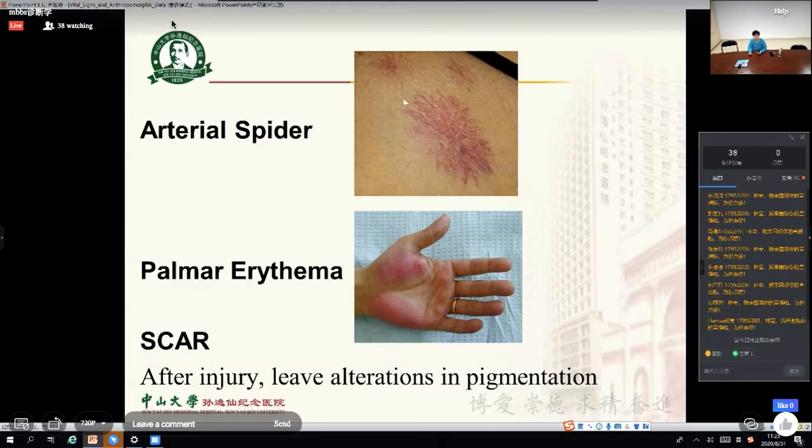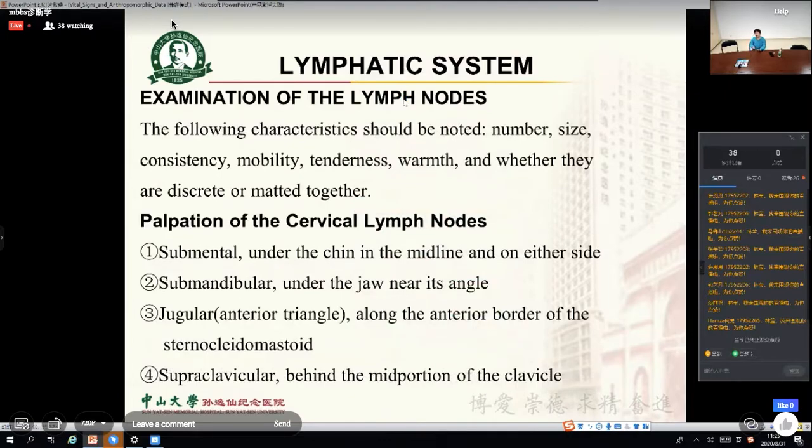And these are the skin examinations. After this, we need to do the lymphatic system examination. Examination of the lymph nodes is a must-test part. The following characteristics should be noted: size, consistency, mobility, tenderness, warmth, and whether they are discrete or matted together. These are important characteristics that we need to record for the lymph nodes.